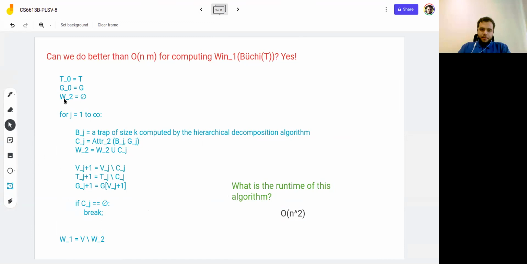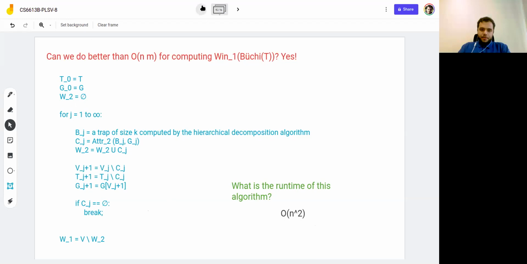So if you do a simple amortized analysis on the runtime of this algorithm, you can see that the overall runtime is order n squared, because we're basically paying n units of time for every vertex that we put into the winning set of player 2. And we can put at most n vertices in the winning set of player 2.